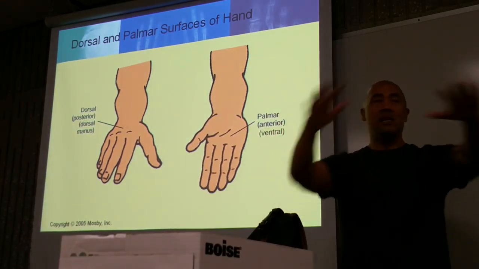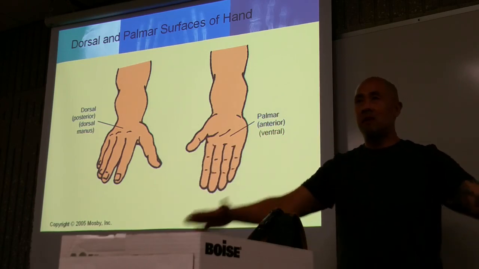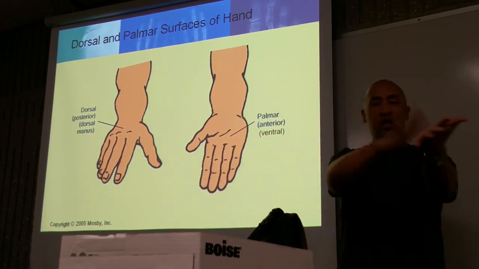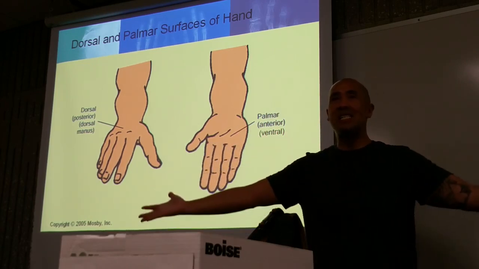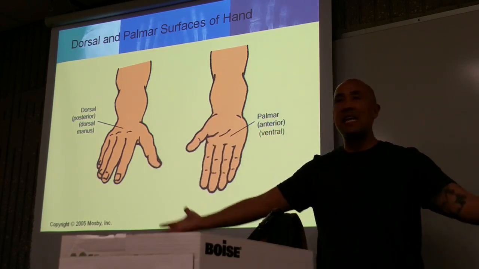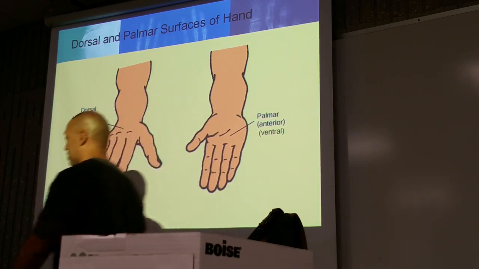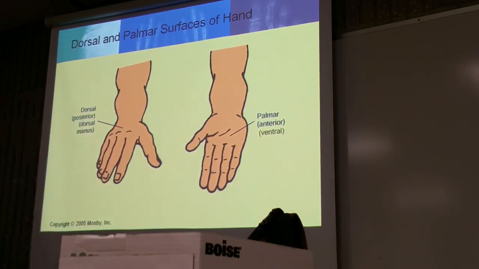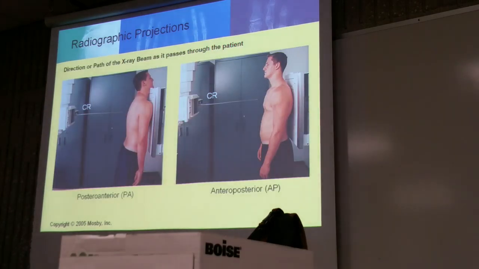In anatomical position, the back of your hand is posterior, and your palmar surface is anterior. Okay, the palmar surface is the anterior portion or anterior surface of the hand. Okay? All right. You guys ready?